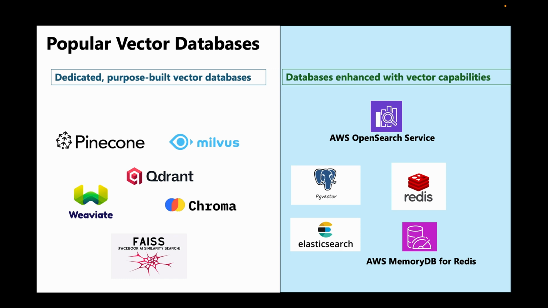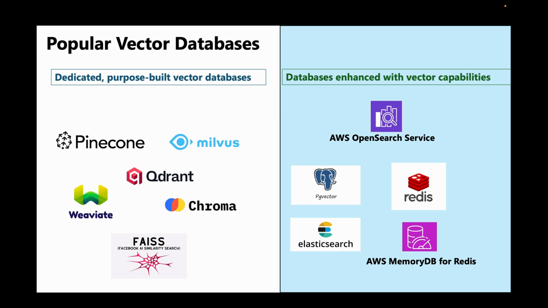There is a choice of many purpose built vector databases and also traditional databases that have been enhanced with vector capabilities, such as Postgres or Elasticsearch or Redis and MemoryDB, etc. The purpose built vector databases such as Pinecone, Milvus, Qdrant, etc., have been designed from the ground up to store, index, and search high dimensional vectors efficiently at scale.